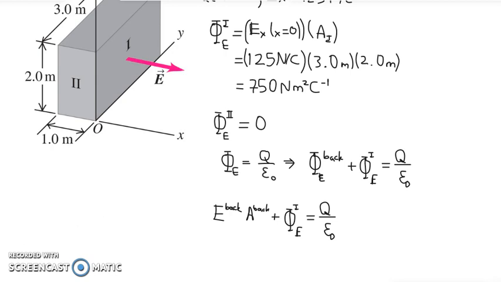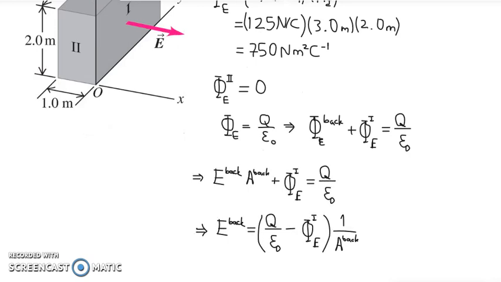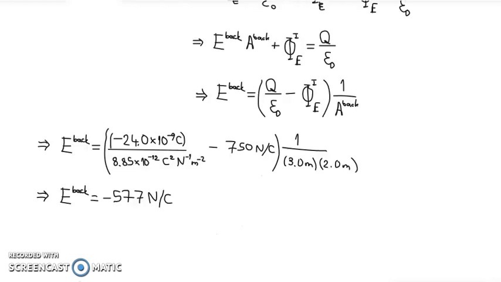Let me rearrange this equation and isolate my unknown, E back, the electric field on the back surface. Here's what I get when I isolate my unknown. Let's plug in the numbers and calculate the value for the electric field. And here's my result. I get the electric field value negative 577 newtons per coulomb.